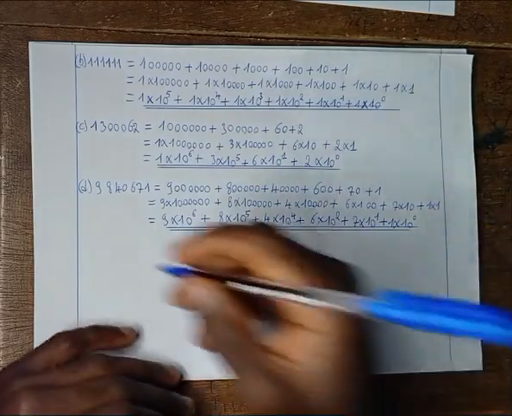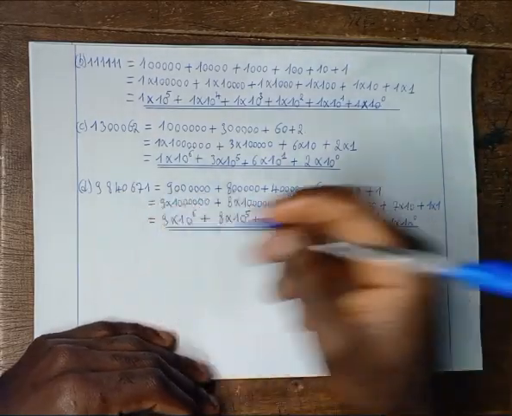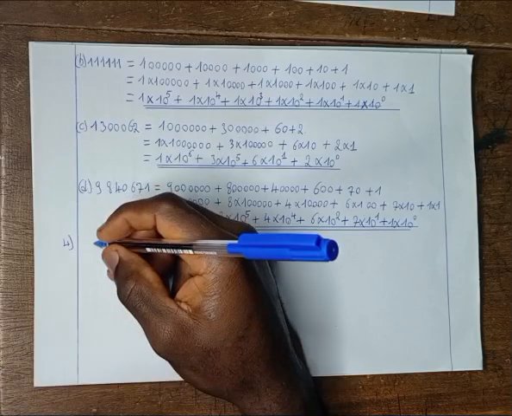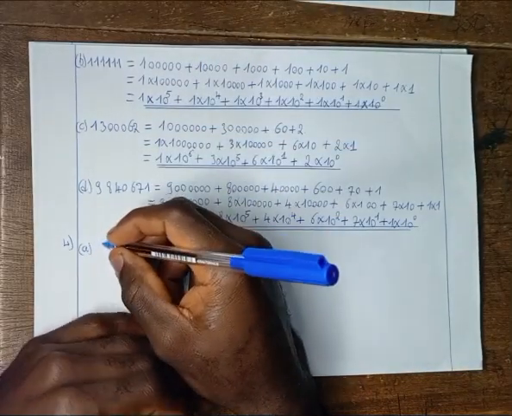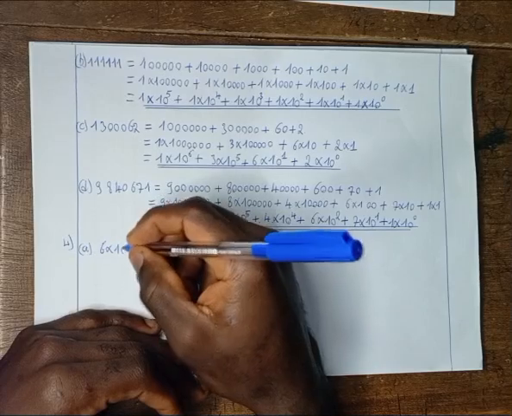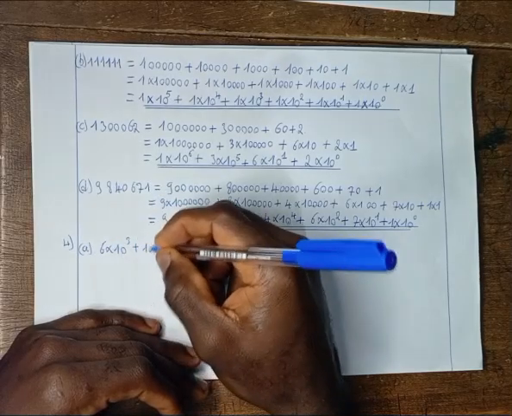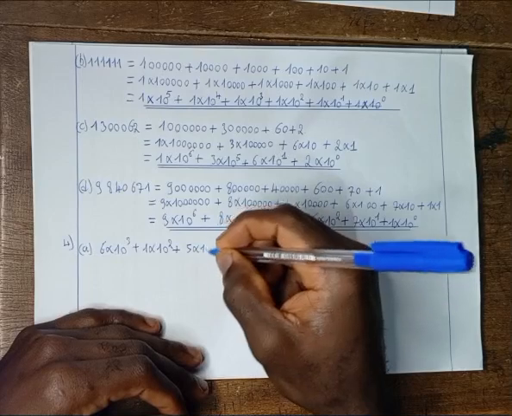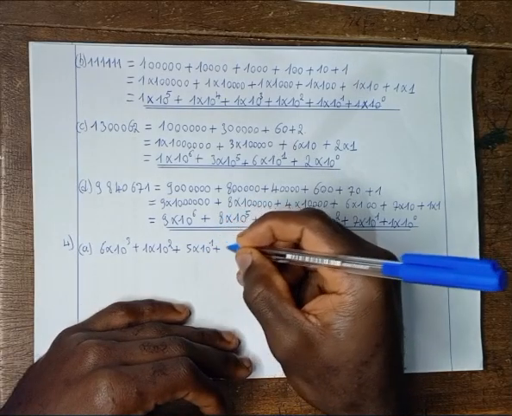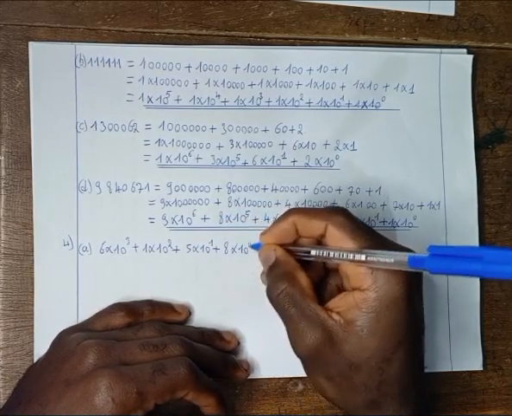Next, we go now to question 4, which says simplify the following expanded numbers. The first one for E, we have the number 6 times 10 to the power 3 plus 1 times 10 to the power 2 plus 5 times 10 to the power 1 plus 8 times 10 to the power 0.